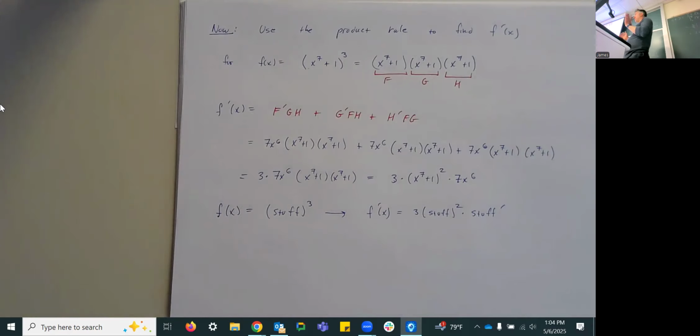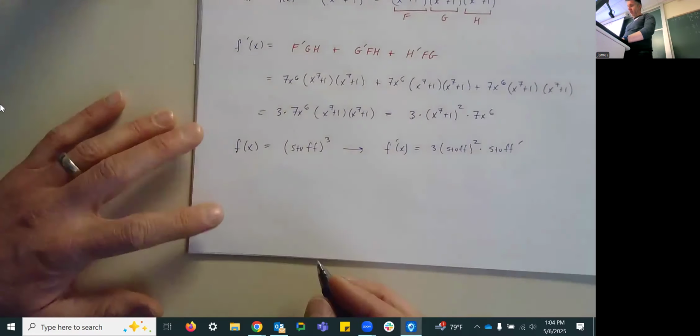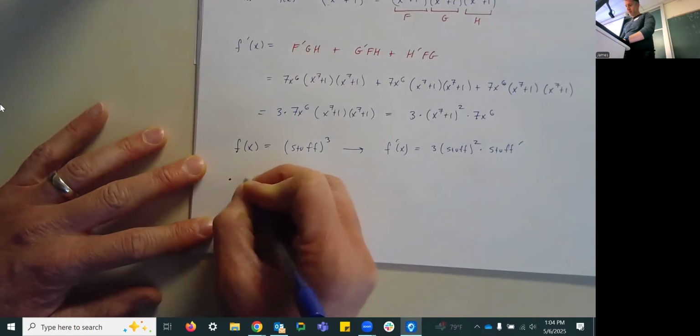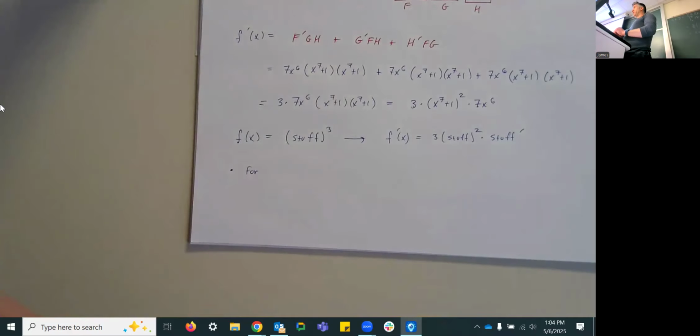Leave the insides alone, differentiate the outer function, and then after you've dealt with that, multiply by the derivative of the insides. So more generally, I'll say the following. This is not the full version of the chain rule. This is the power rule version of the chain rule.